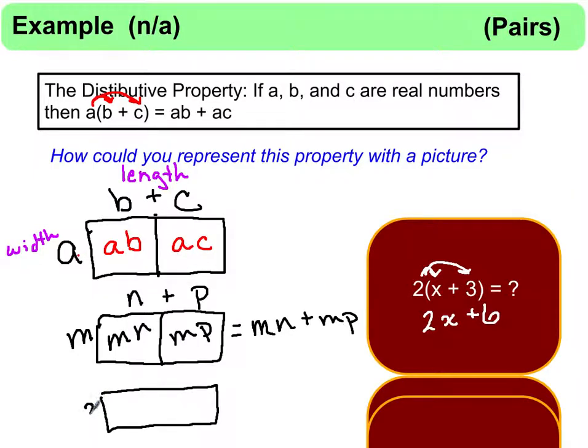Put the 2 on the outside here, the x plus the 3, draw our line. 2 times x is 2x, and 2 times 3 is 6, and thus we have the same answer utilizing a geometric model. It's important for the student to look at both the distributive property and this geometric model, because when they are assessed, they will be expected to demonstrate both styles, both geometric and algebraic models.